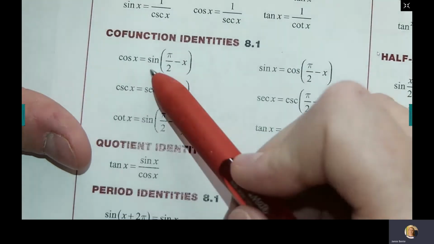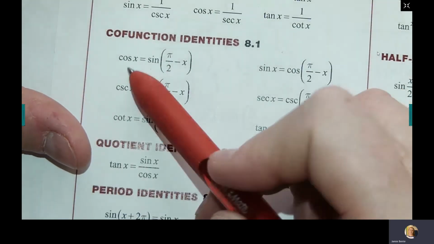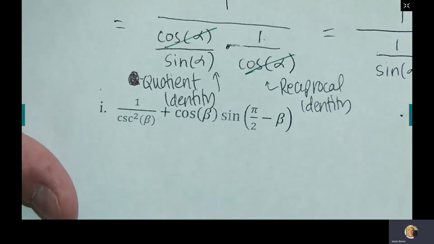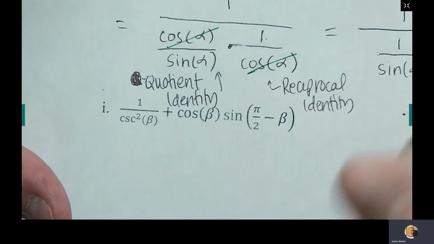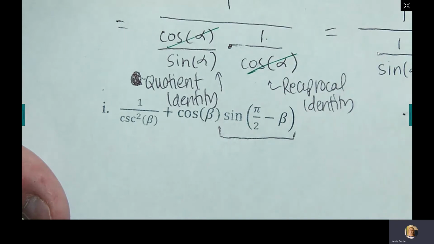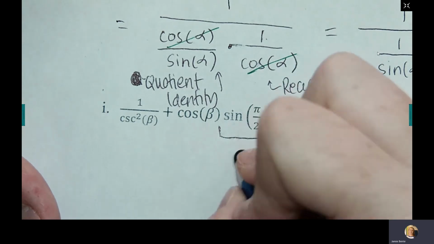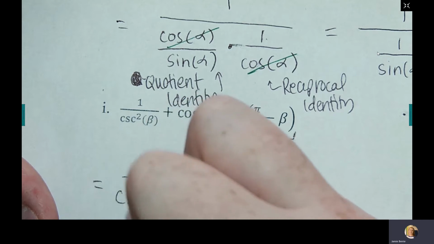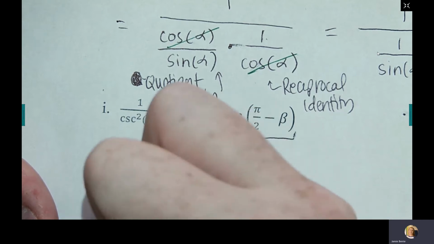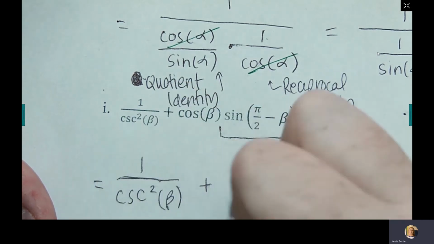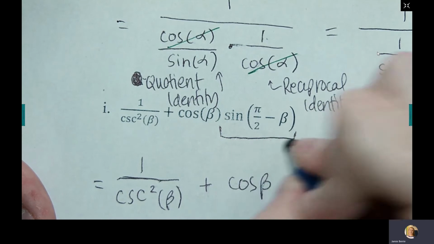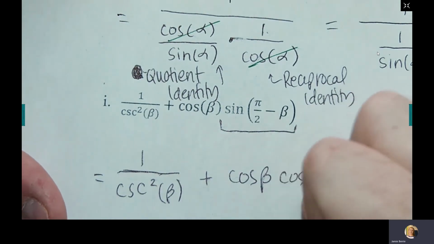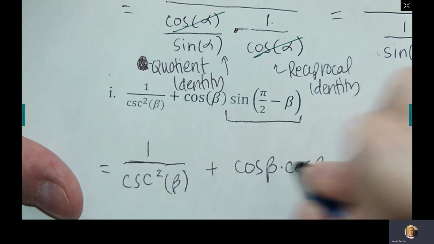So we're going to change sine of pi over 2 minus beta to cosine beta. That whole thing changes to cosine beta. Just rewriting this, we have 1 over cosecant squared beta plus cosine beta times sine of pi over 2 minus beta, which becomes cosine beta. That's times there.